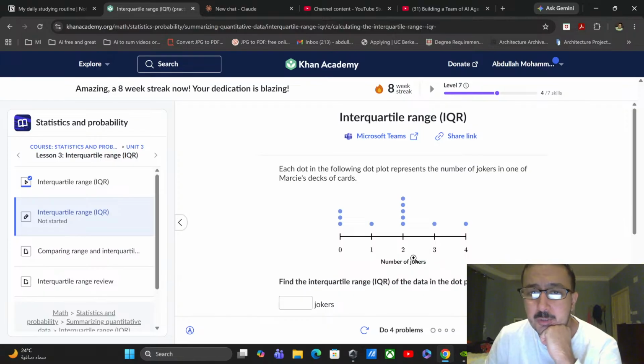Most definitely it's 2. It's gonna be a 2. I'm gonna have to plot them. I have to, in the dot plot.